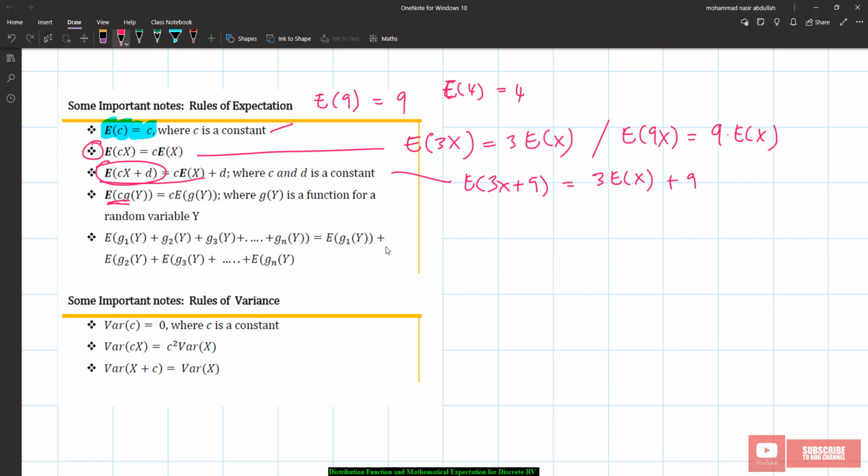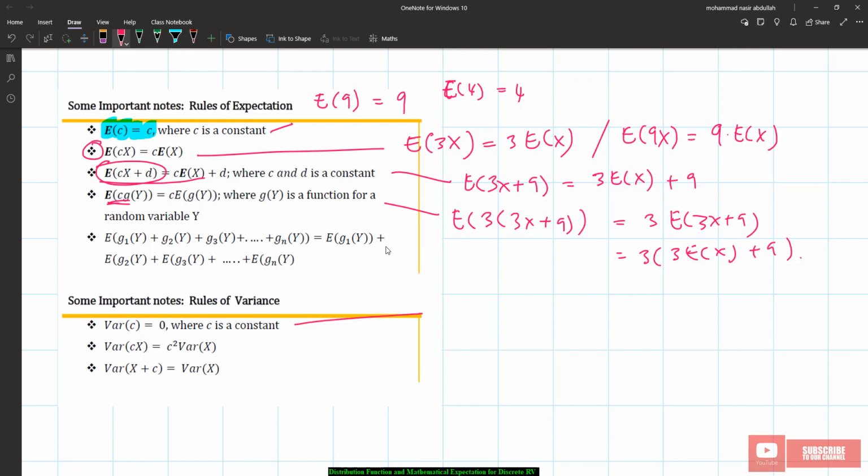For example, E[3X plus 9]: it should be 3 outside, then E[X] plus 9. So we take out the 3, E[X] plus 9. So you multiply. The same thing.